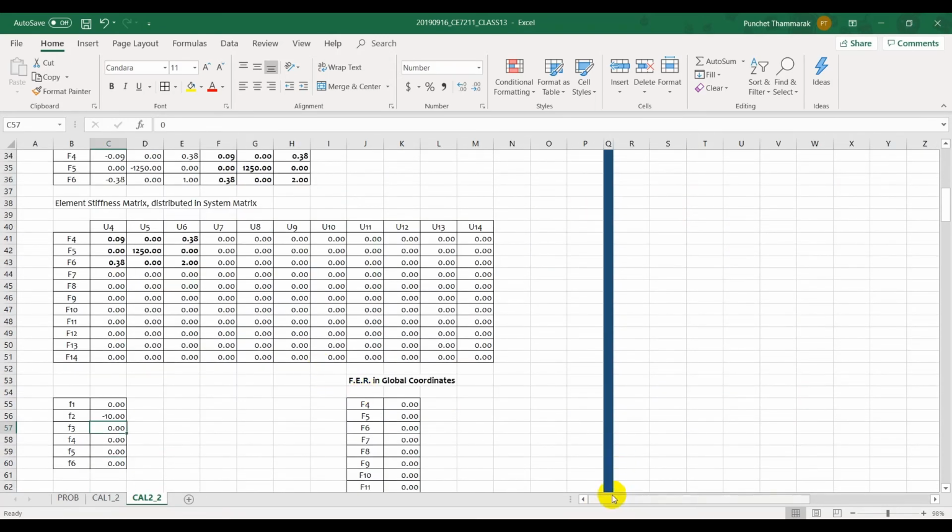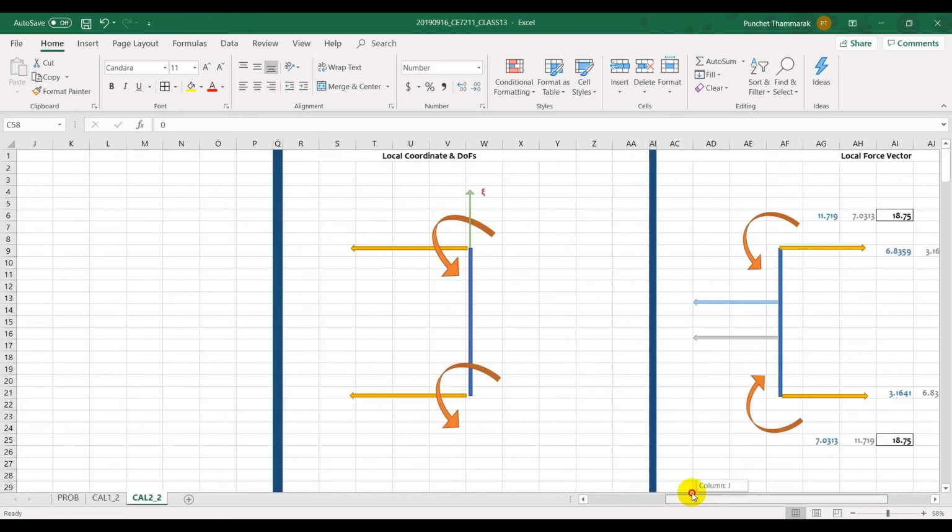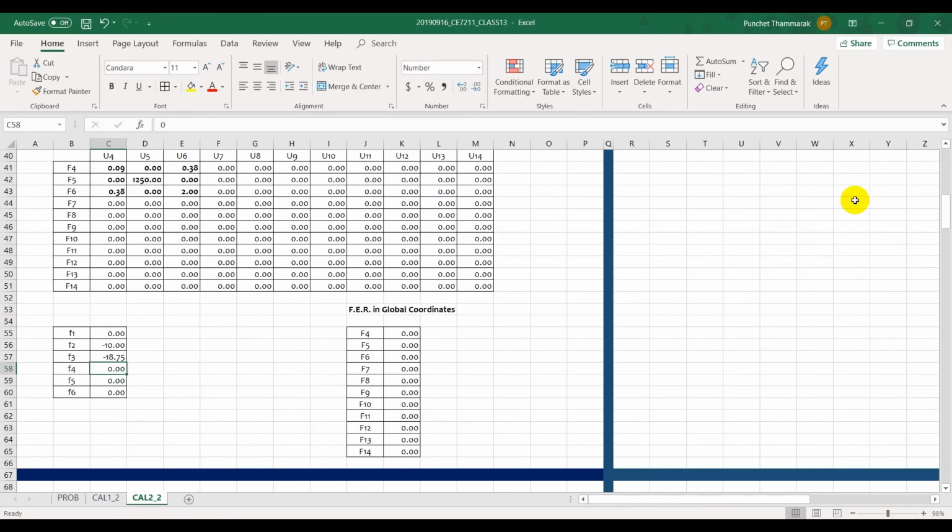So it is minus 18.75. Number 4 is 0. For number 5, it points toward the right, so it is minus 10. And the last one is the counterclockwise direction, so we get this.